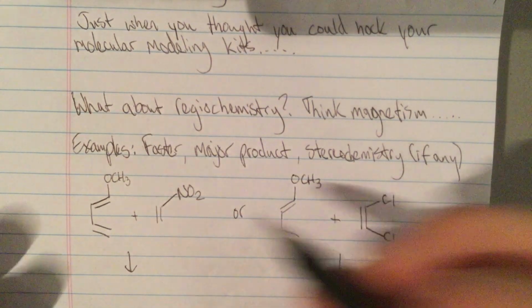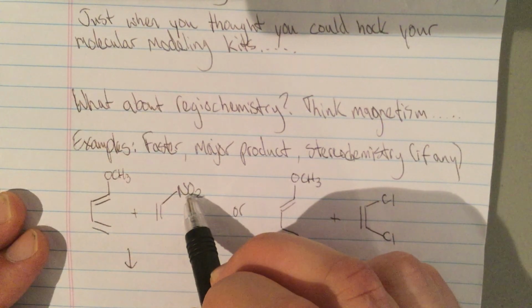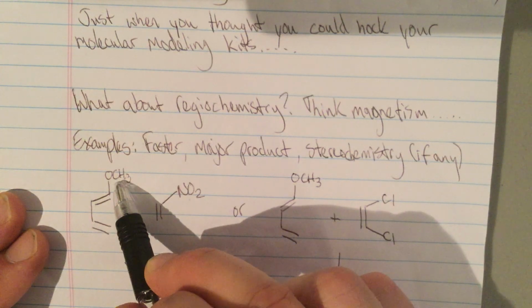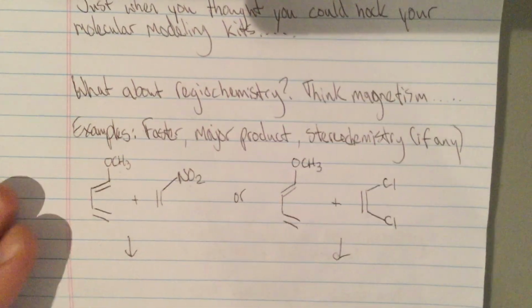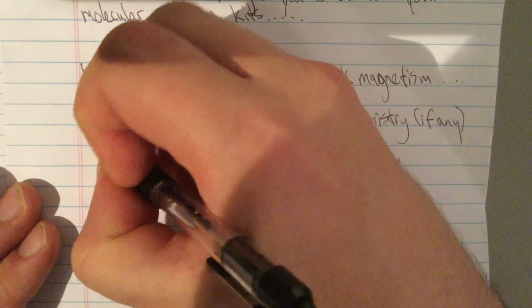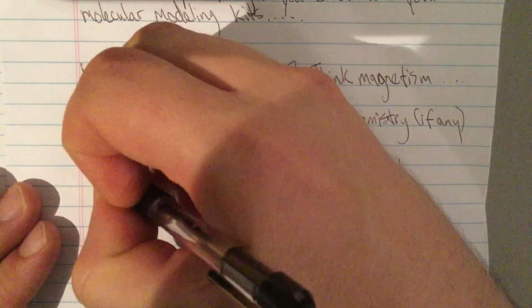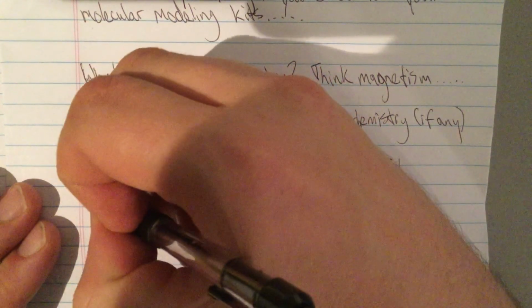Okay, now we have an electron withdrawing group for our dienophile in this case. On the diene, we have an electron donating group. So if we were to push some electrons down on this diene, remember there are two lone pairs on oxygen, push those electrons over.